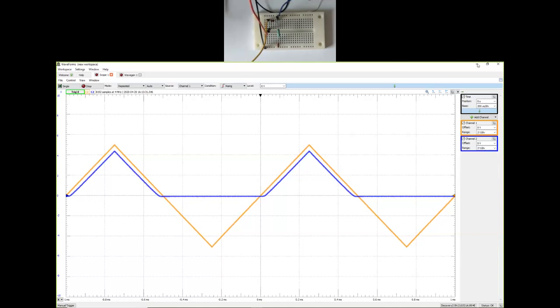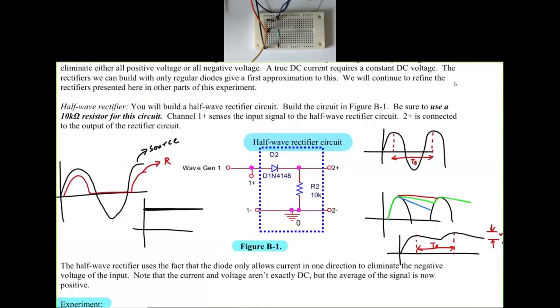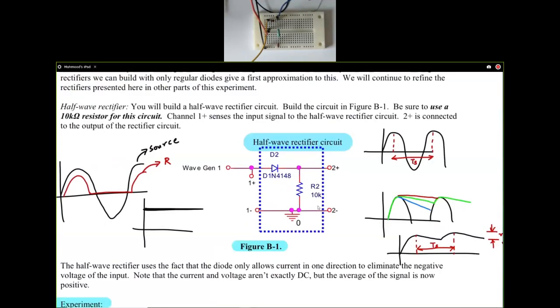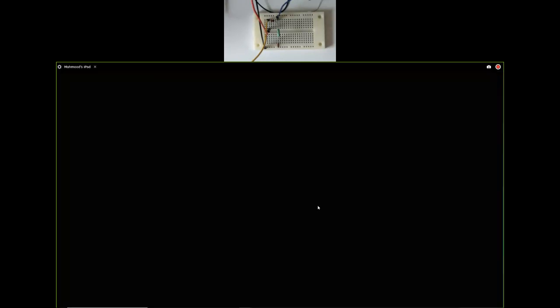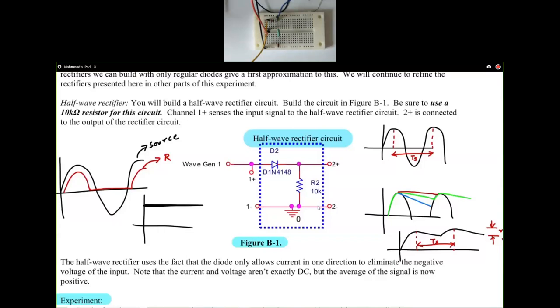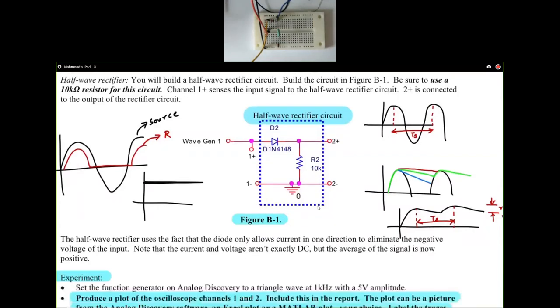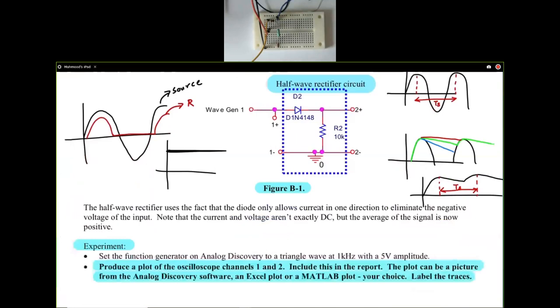Let's see, I'm going to minimize this and go back to my circuit. Over here it says I need to do it for a triangle wave with 1 kilohertz frequency, which we have done. And then once we are through with this, we can actually move on to the next part.